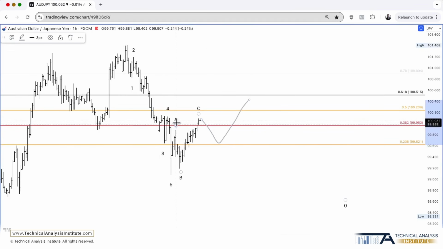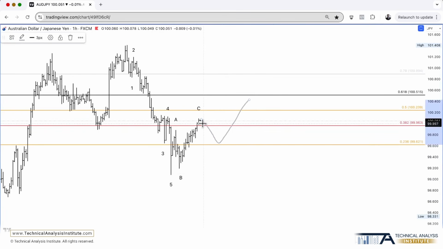Notice that we said that here we expect a resistance around here, because wave C already accomplished 100% the distance traveled by wave A. So we know that around here we should start seeing some decline. That decline may completely take this low here and continue in a resumption of the downtrend.